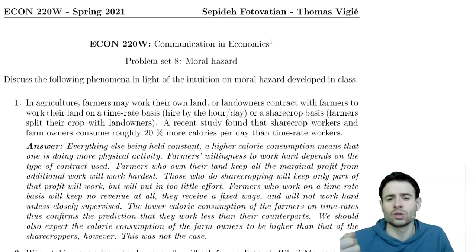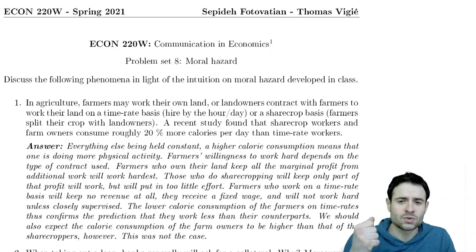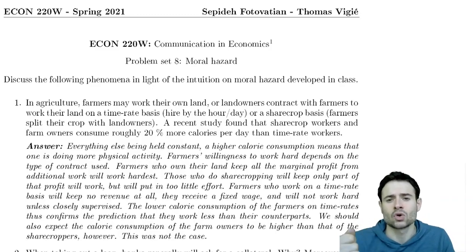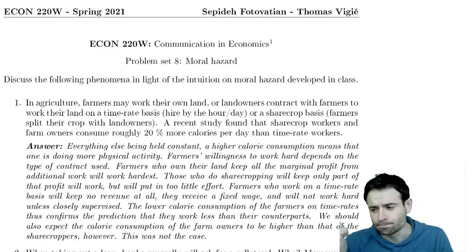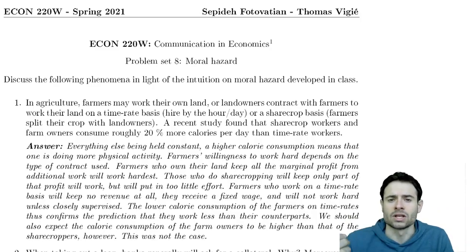So a typical solution to moral hazard problems is to expose the agent to some sort of risk. A fixed rate acts like full insurance. So a way to make sure that the employee is going to provide effort is to propose some sort of variable pay. This can be done in the form of commission, royalties, bonuses, and so on.